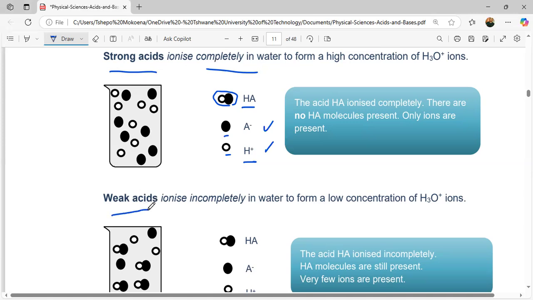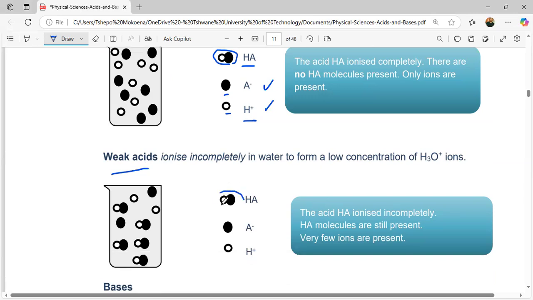But when you look at the weak acid, we still do have these combinations, and then here are the ions. Here's the ion, here's the ion, here's the ion. The fact that we still have these two that are held together is an indication that in this solution we have a weak acid, because it ionizes incompletely.